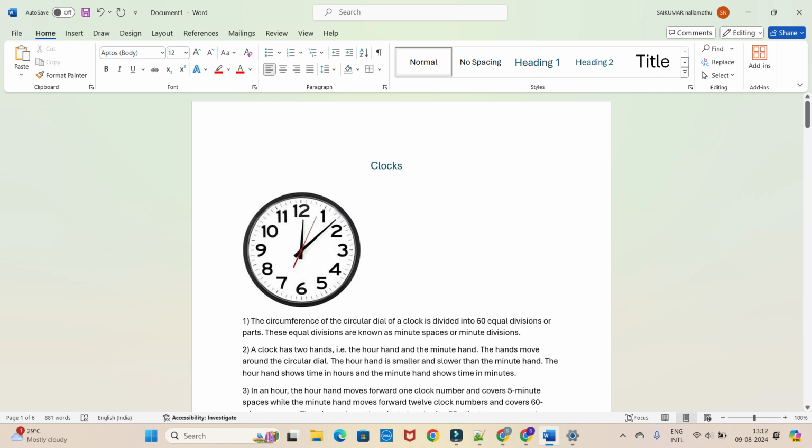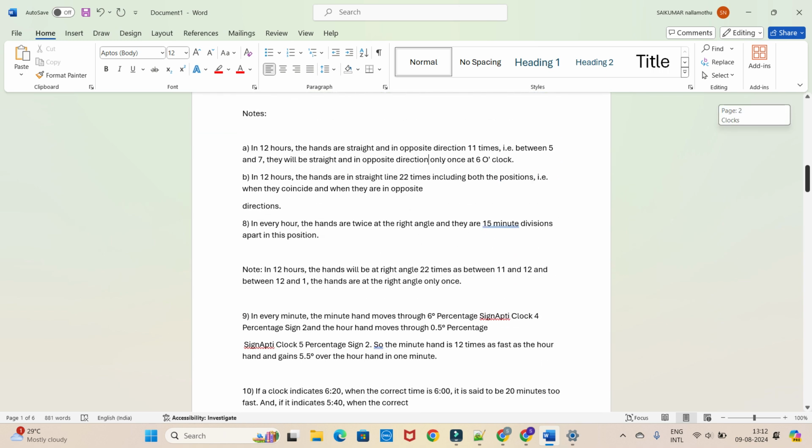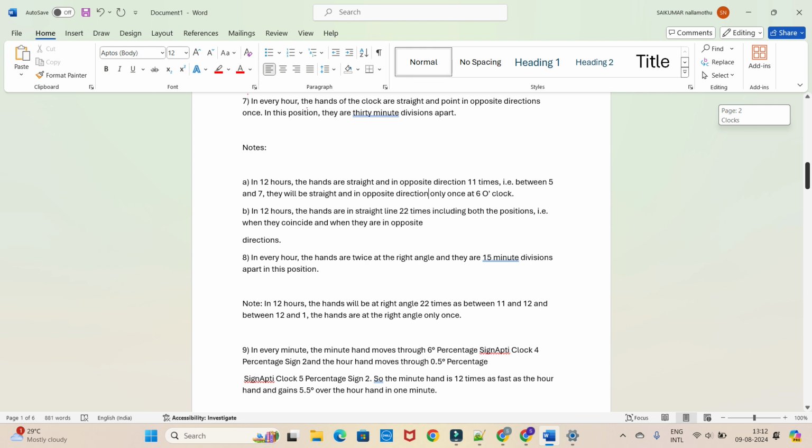It's only at 6 o'clock, 12 to 6, that would form a straight line. That is an important point to remember, guys. Only at 6 o'clock, from 5 to 7, the hands would be in opposite direction and form a straight line. This is an important point.